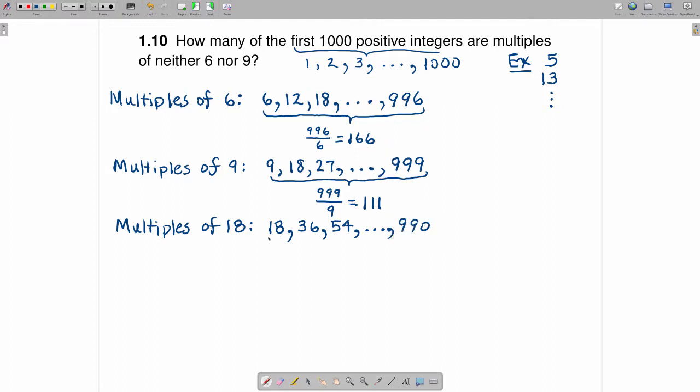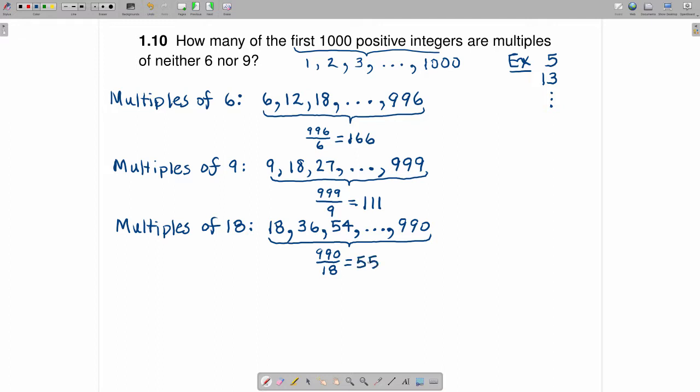Next question, just like we've asked before, is how many multiples of 18 are there in the first 1,000 positive integers? And if you take your 990 and you divide it by 18, you will get a total of 55 numbers in that list.